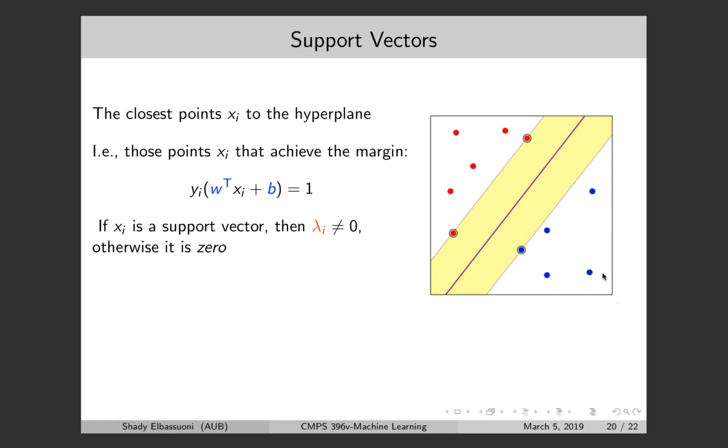If xi is a support vector, then the lambda i corresponding to it would not be equal to 0. Otherwise, it is 0. And in practice we would have very few support vectors in the training set.